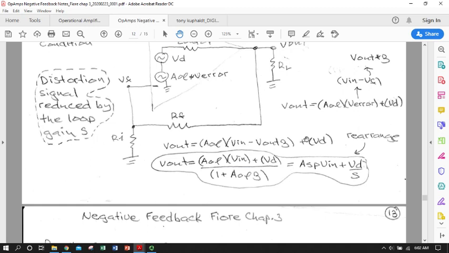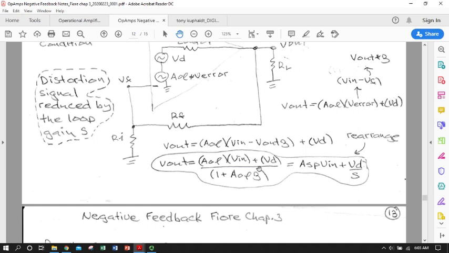So as we hoped, just by doing a KVL loop and some algebraic rearrangements, we find that V output with the feedback network gives us a reduction in the distortion voltage signal equal to 1 over the sacrifice factor. So we end up dividing by the sacrifice factor.